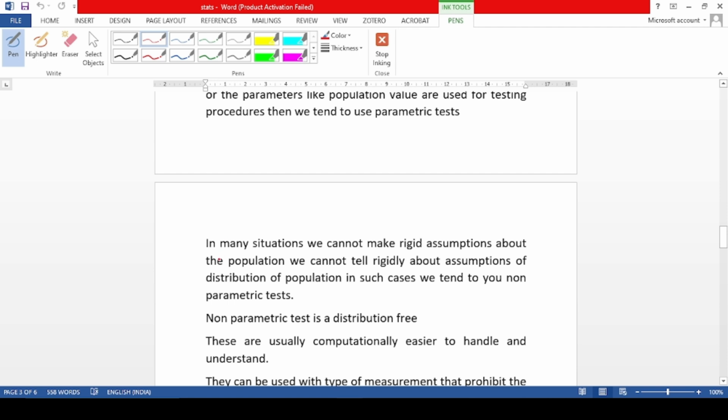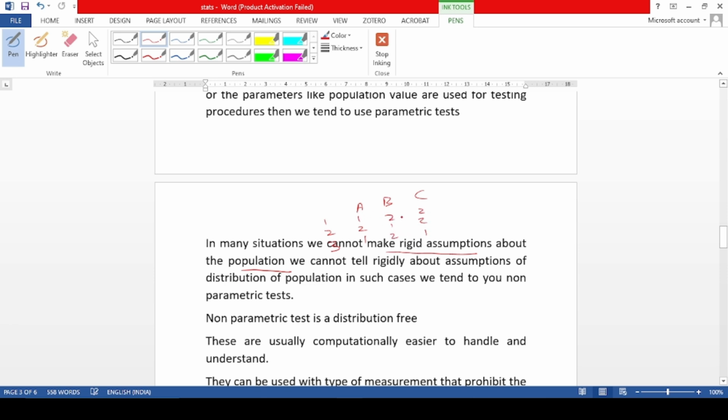Now, let us see the situation where the non-parametric test is used. We cannot make rigid assumptions about the population. Like in the previous example, we had three groups, three tests administered to persons 1, 2, and 3, with some hypothetical marks: 1, 2, 1, 2, 1, 2, 2, 2, 1.